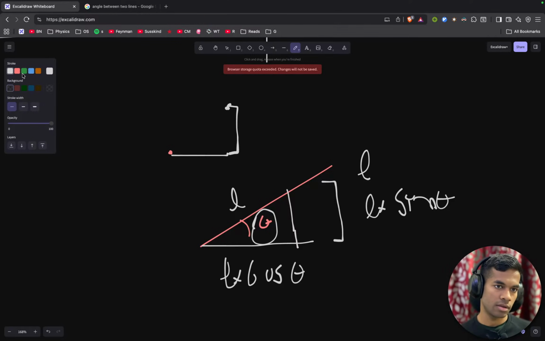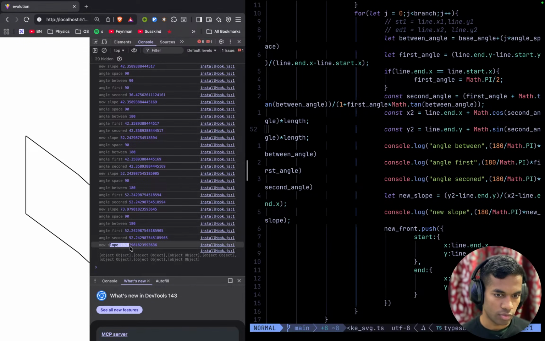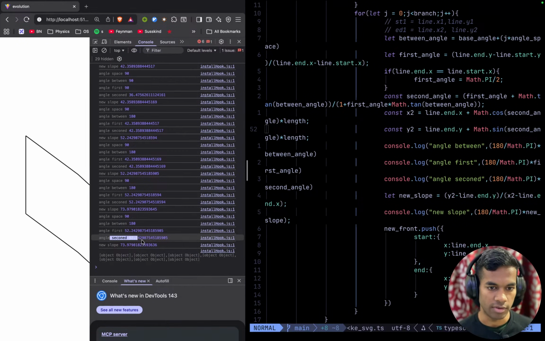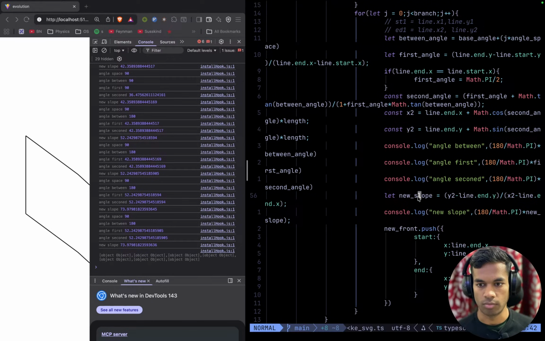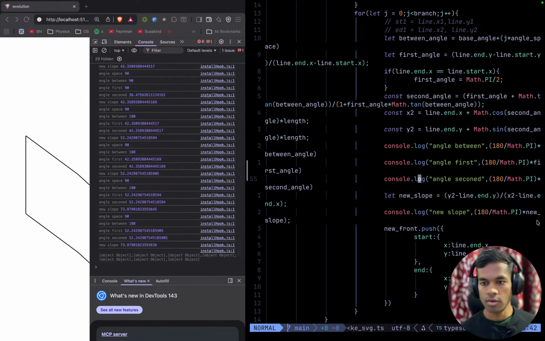But when we are taking the slope of this new line that is formed, this is different than the direction that we moved into. Why is that? The new slope is different from the slope that we gave it somehow, which is not very cool.